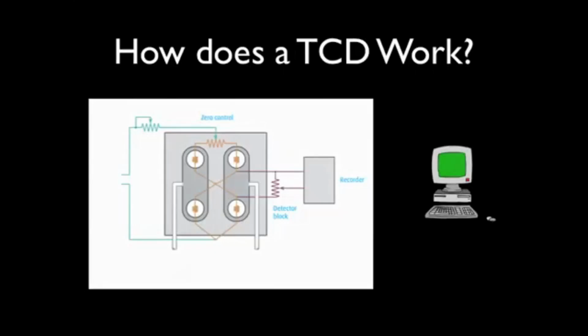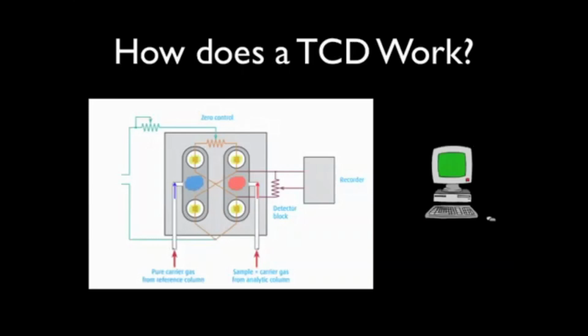How does a TCD work? Each gas enters the gas chromatograph instrument separately. The sample goes into one column while the pure carrier gas goes into another column. Electrically heated resistance wires are located in chambers inside of the TCD.